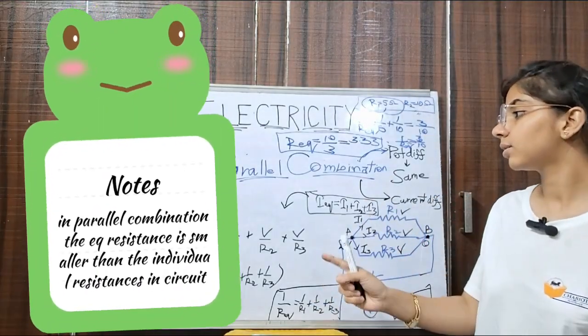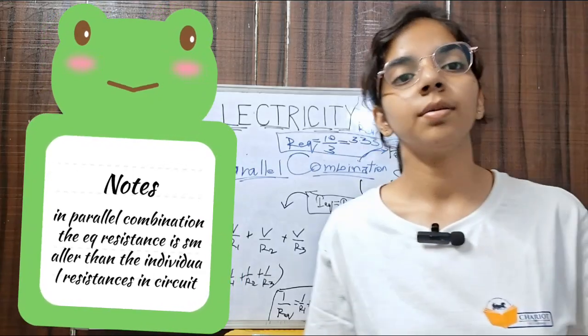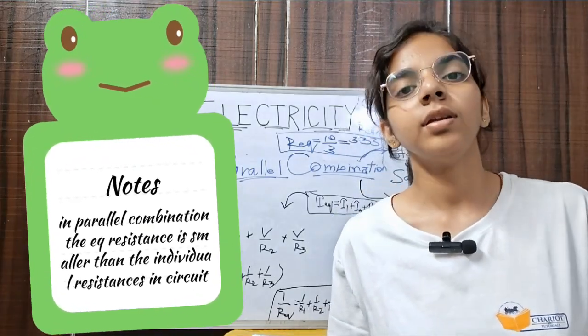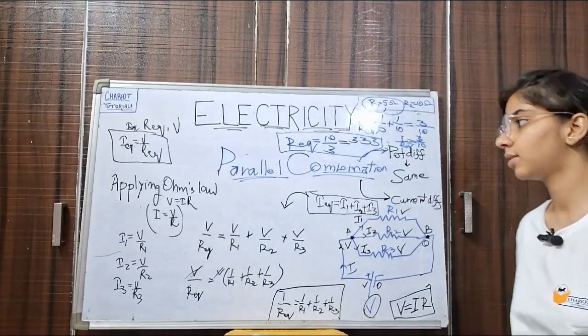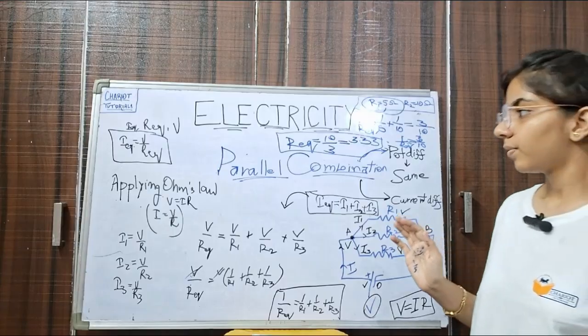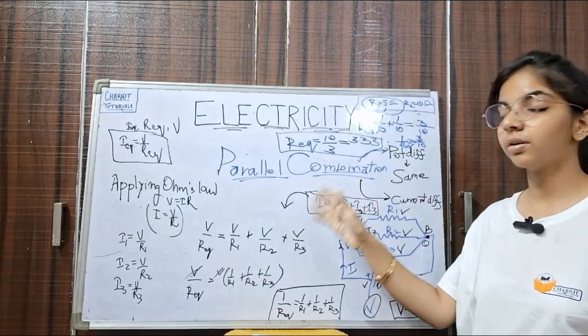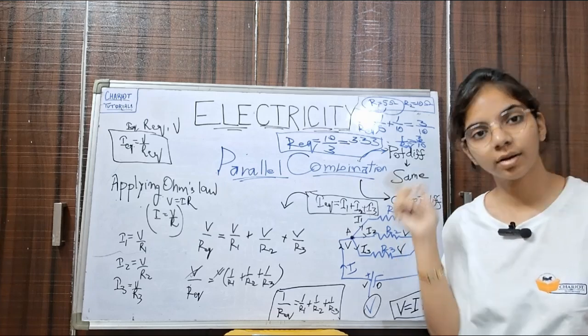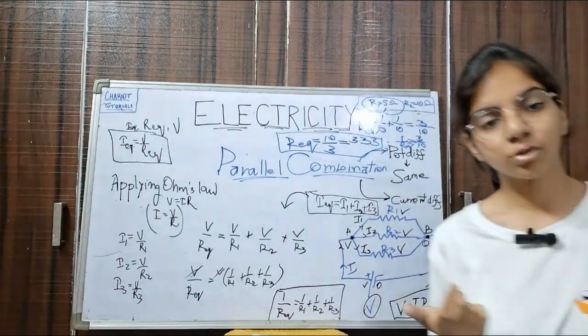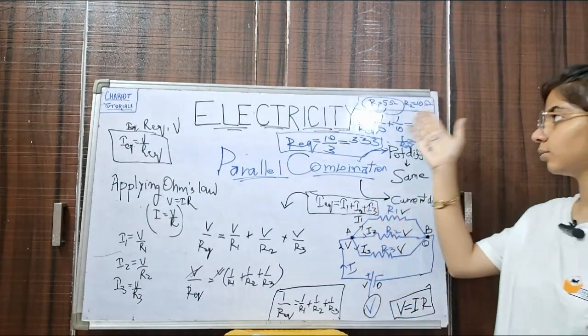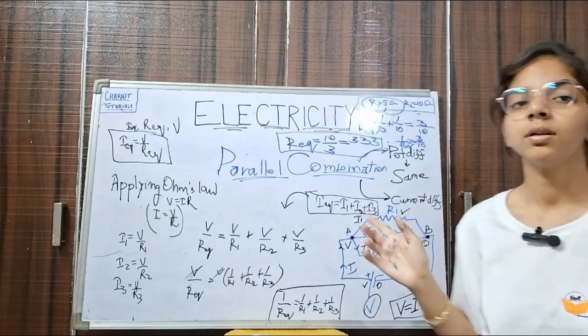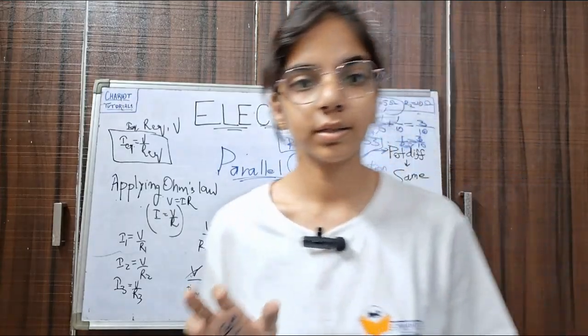But that is not the case in parallel combination. These are important points that are very frequently asked in exams, about the equivalent resistance in parallel and series combination. It is greater in series combination, and smaller than the smallest individual resistor in parallel combination. So these are the cases.